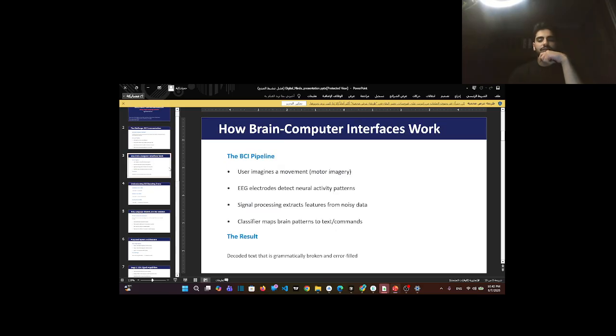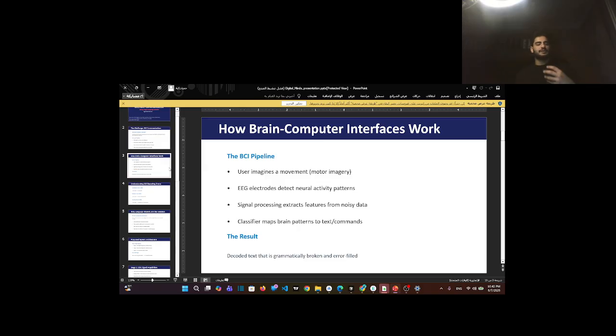How brain-computer interfaces work. Now let's look at how the basic BCI communication pipeline works. First, the user imagines a movement. This is called motor imagery. For example, the user may imagine moving their left hand or right hand. Second, EEG electrodes placed on the scalp detect neural activity patterns related to that imagined movement.